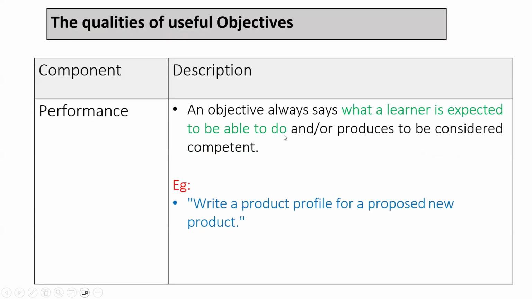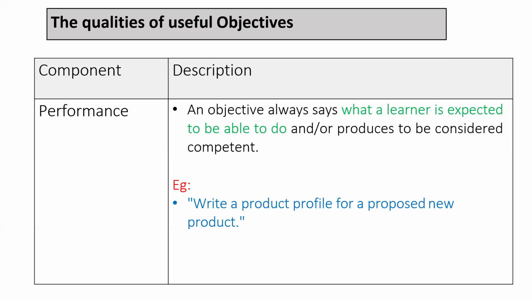right? So performance examples are given. An objective always says what a learner is expected to be able to do, to be considered competent. A simple example is given: write a product profile for a proposed new product, right?